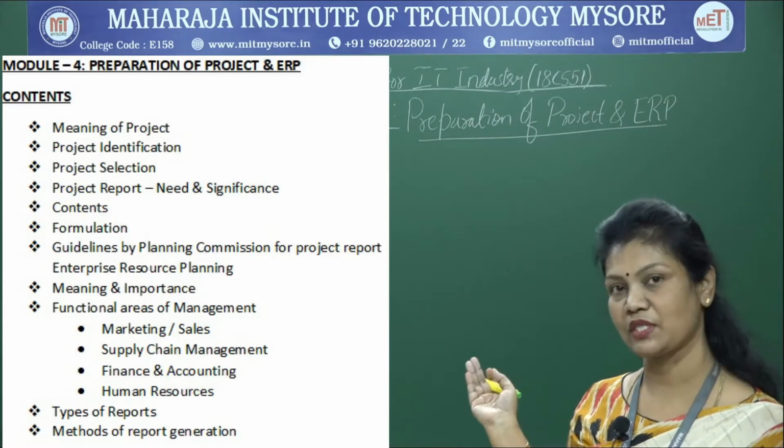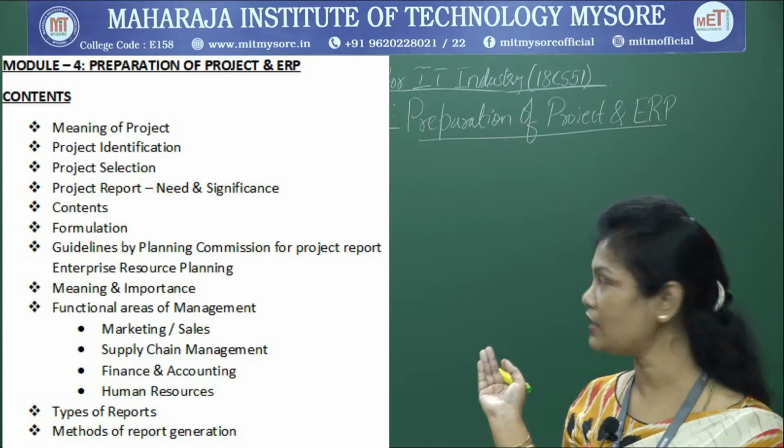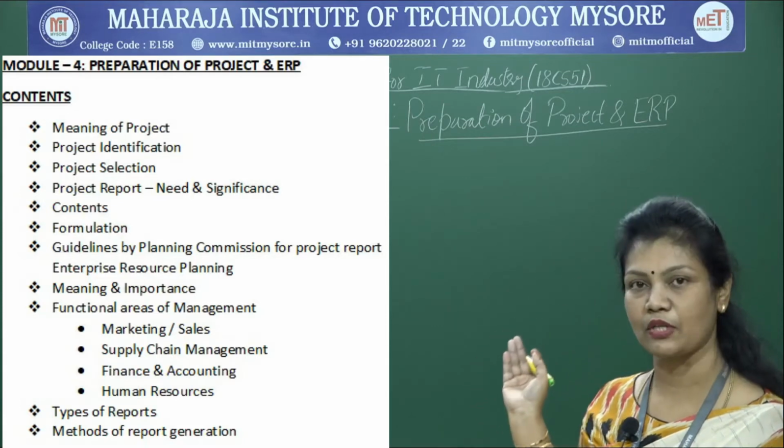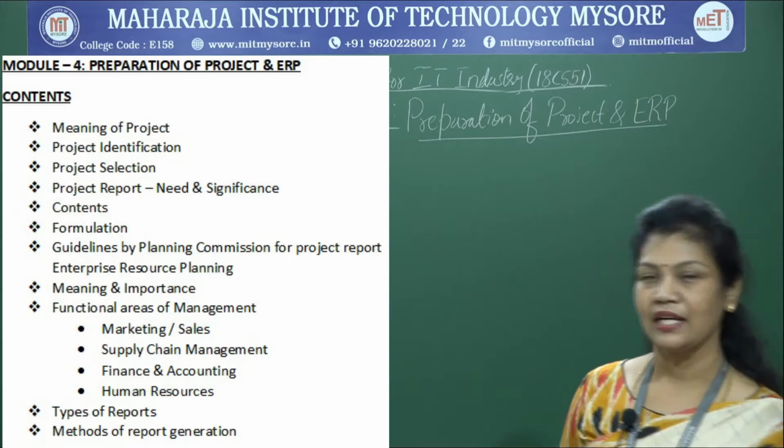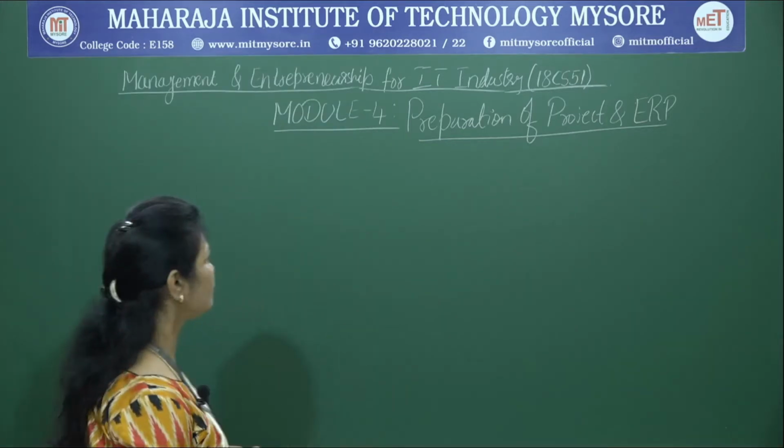These are the topics which are going to be covered in this particular module number 4, that is preparation of project and ERP. Let us have a look into the first topic called meaning of project.